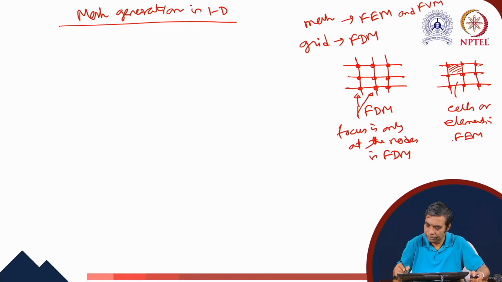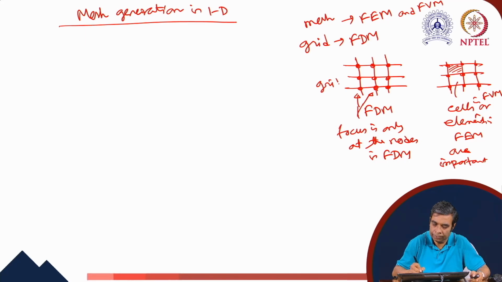So cells in FVM or elements in FEM are important. Because of that, the first picture is known as grid and the second picture is known as mesh, even though their appearance is exactly the same.